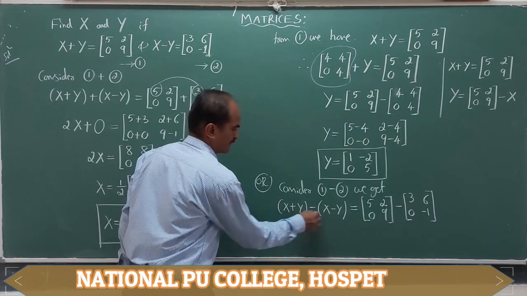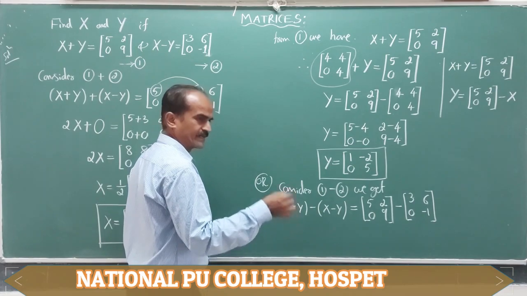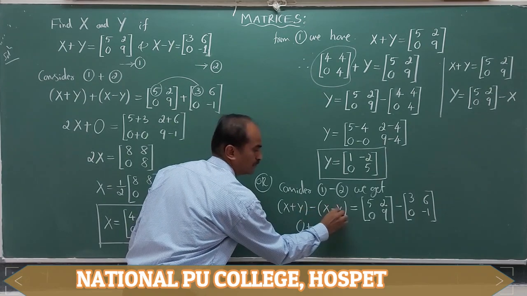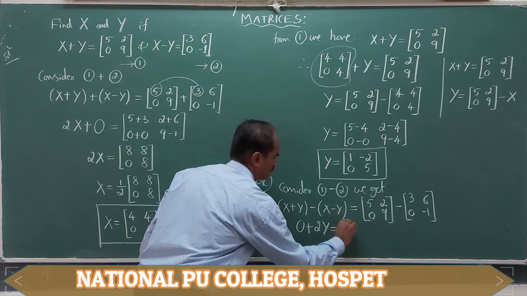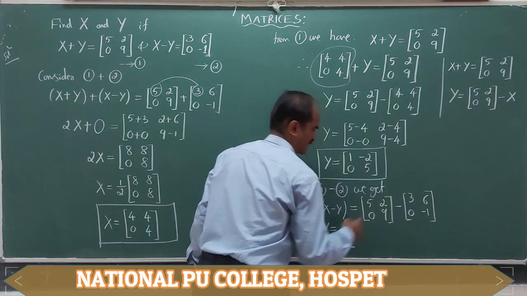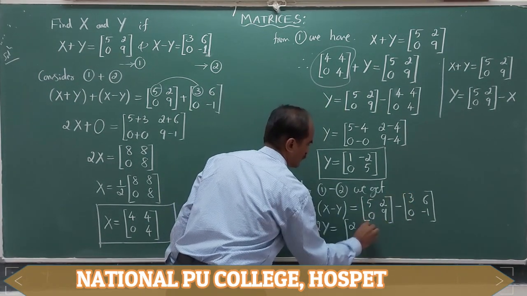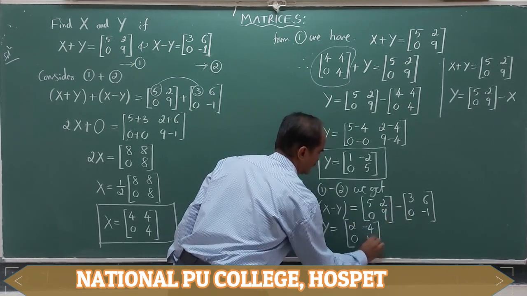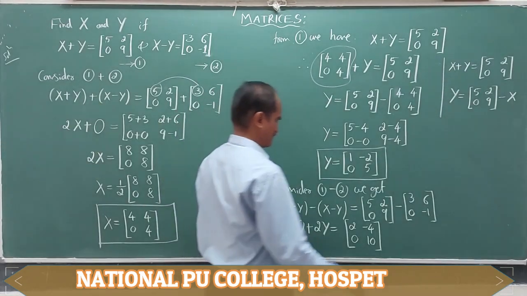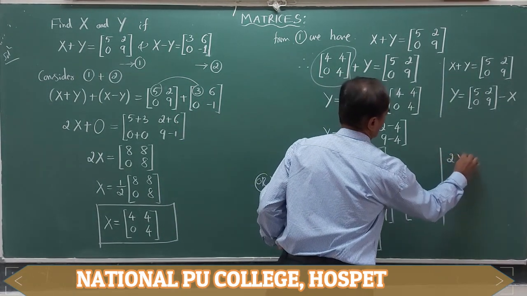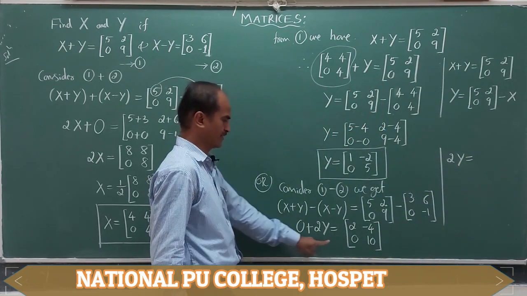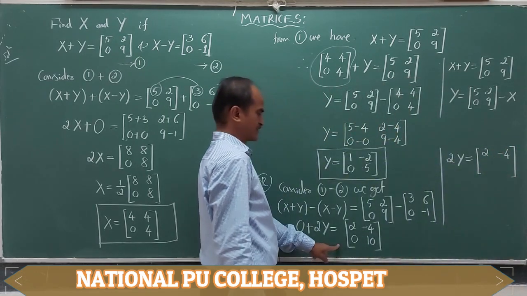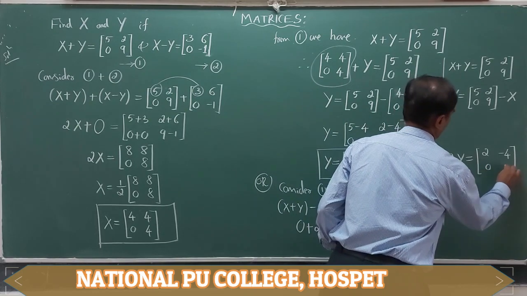Now here X minus X, we are subtracting X from X. You are ending with null matrix O. Y plus Y, 2 times Y equal to, subtracting the corresponding elements, 5 minus 3 is 2, 2 minus 6 is minus 4, 0 minus 0 is 0, 9 plus 1 is 10. 2y plus O is 2y, equal to, on the right hand side, matrix 2, minus 4, 0, 10.